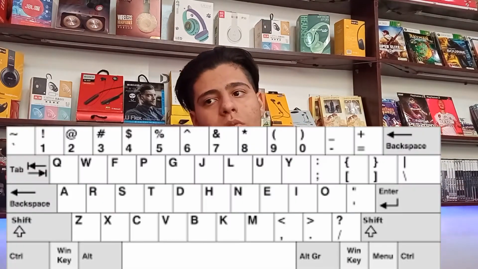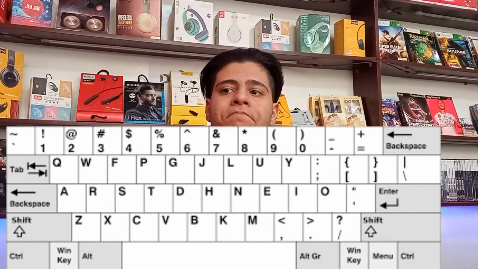The last arrangement of the keyboard was invented in 2006, and the typing speed with this arrangement is 50% faster than QWERTY and the previous arrangements. The name of that is Colemak.